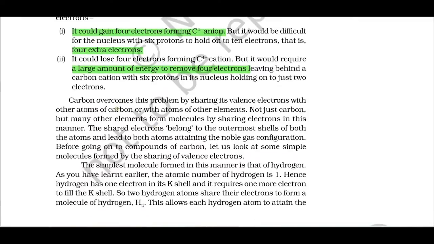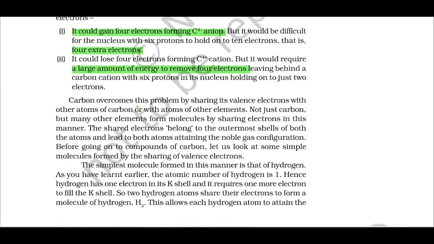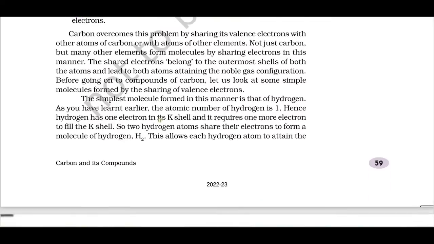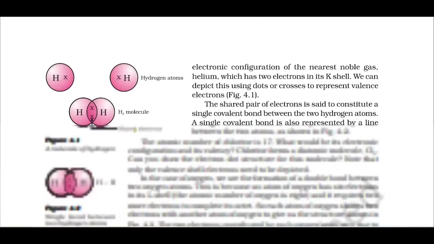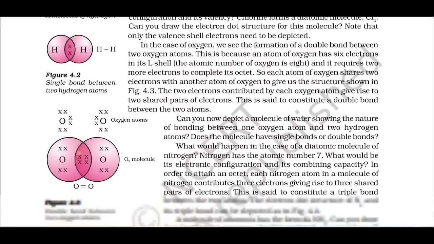So to overcome this problem, it shares the valence electrons with other atoms of carbon, or with atoms of other elements. The bond formed by the sharing of electrons is called a covalent bond.